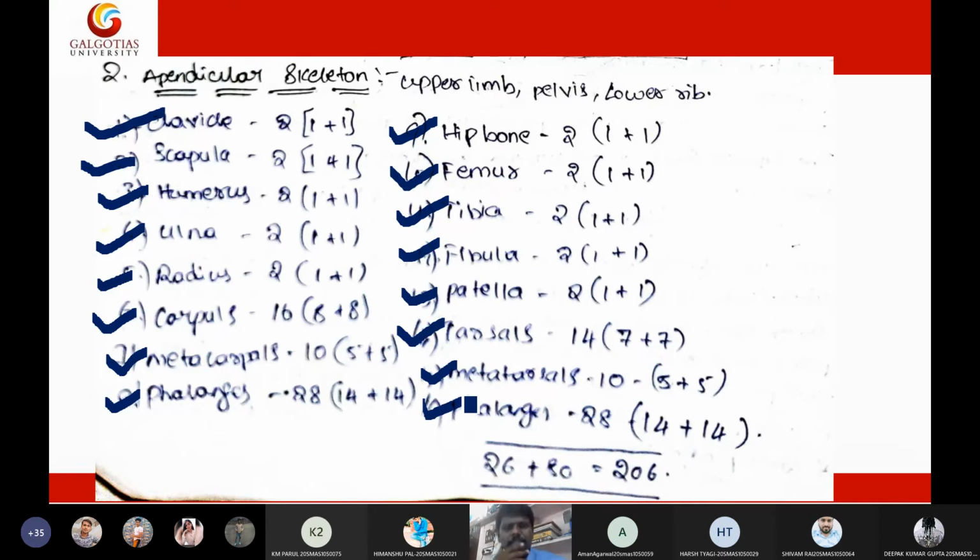So we have a similar number of phalanges for hands and legs. So this is all about the appendicular skeletal system with the number of bones.